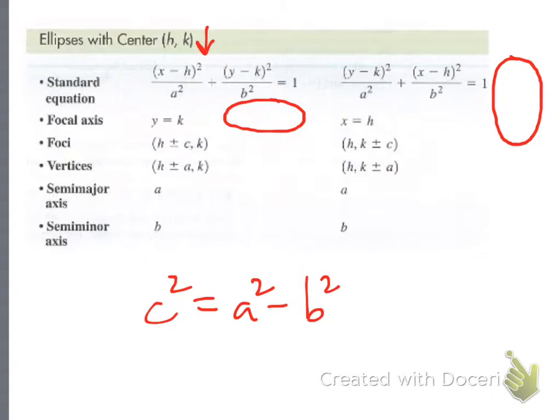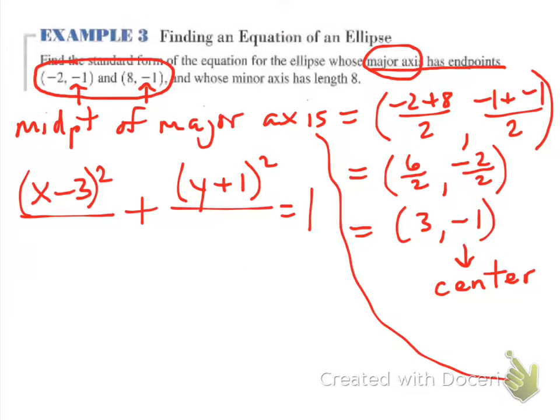Now, to figure out what a and b are, and by the way, the minor axis number is going underneath here. To figure out what b is, just take 8, the length, divided by 2. So b is 4. You just take the length of the minor axis and cut it in half. So this would be 4 squared.